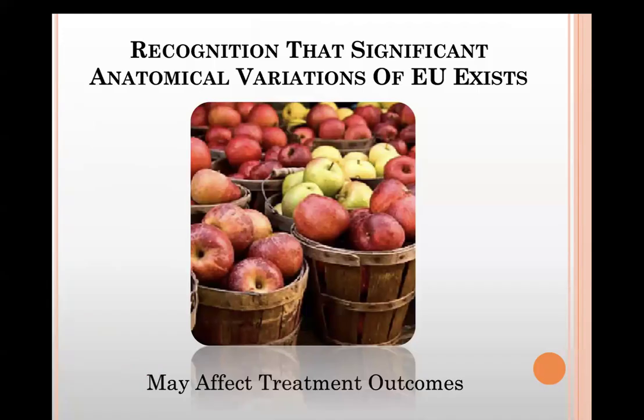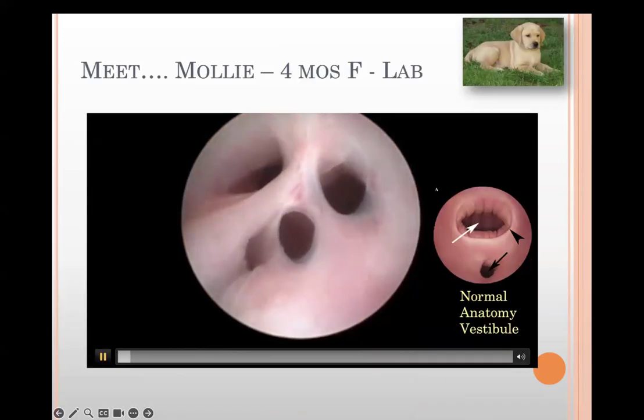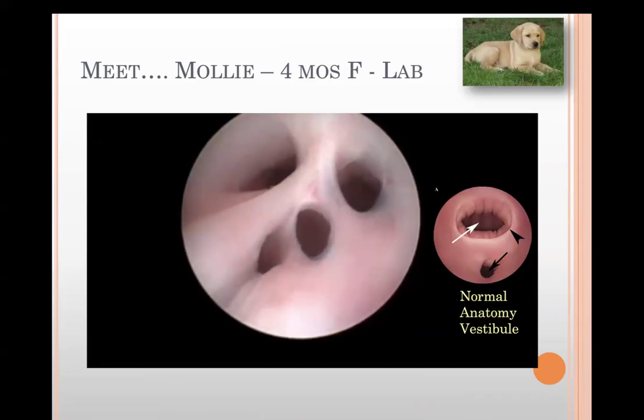So again, lots of abnormalities can occur associated with the formation of an ectopic ureter. Many of these abnormalities are going to change how you look at this patient and what treatment recommendations you may make. So as a final note, here's a quick video giving you real time of what we can see cystoscopically.